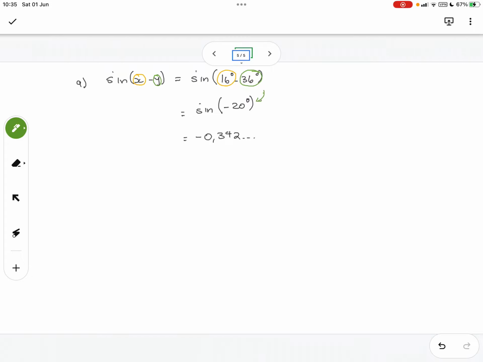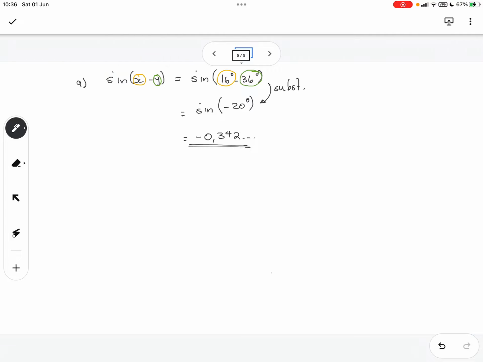And after substituting, we are left with something we can just punch into our calculator. So if you go on your calculator and you say sine of -20, then you will get an answer. So that's evaluation. We are testing each of these and finding the value of them.